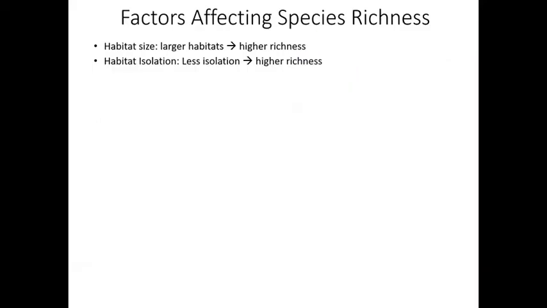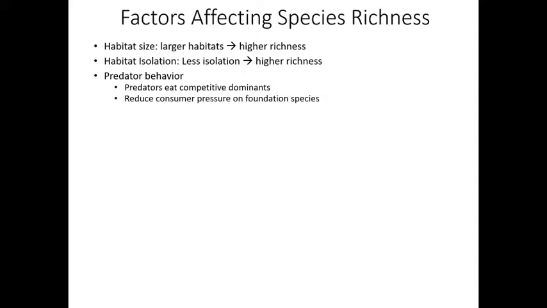Okay, so there are more than just these two factors that affect the species richness of an area. We've talked about habitat size, we've talked about habitat isolation, but predator behavior is also another really important factor here. First of all, predators, as we've seen with the wolf, predators eat and even outcompete other types of dominant organisms.